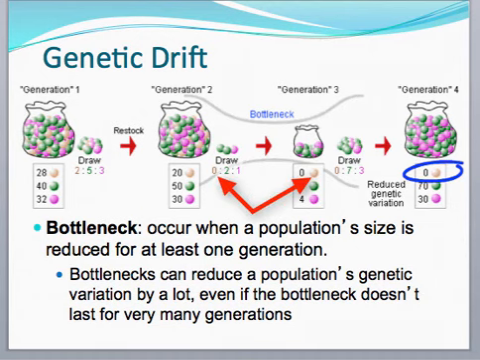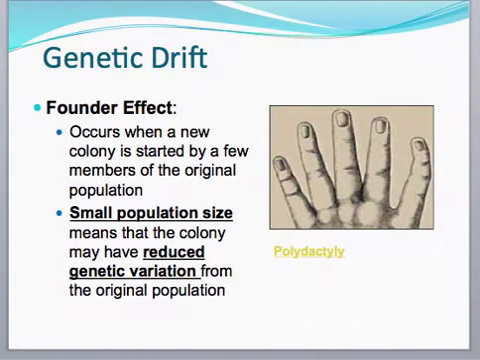When the population builds back up, they will look like the small group of survivors. Again, survivors don't survive because they are better adapted to the environment. This is a type of genetic drift, so they are just the luckiest to survive. Oftentimes this happens because of a large environmental disaster, maybe a fire or a big storm that kills off many of the population.